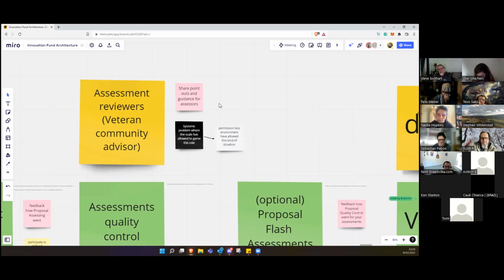I've brought this up repeatedly, and I know other people have talked about it. I'm curious from Nin and Tomi and Nadia's perspective, do you think progress is being made, or can be made, in making sure the assessors actually know what they're reading? Is there any plan for that?